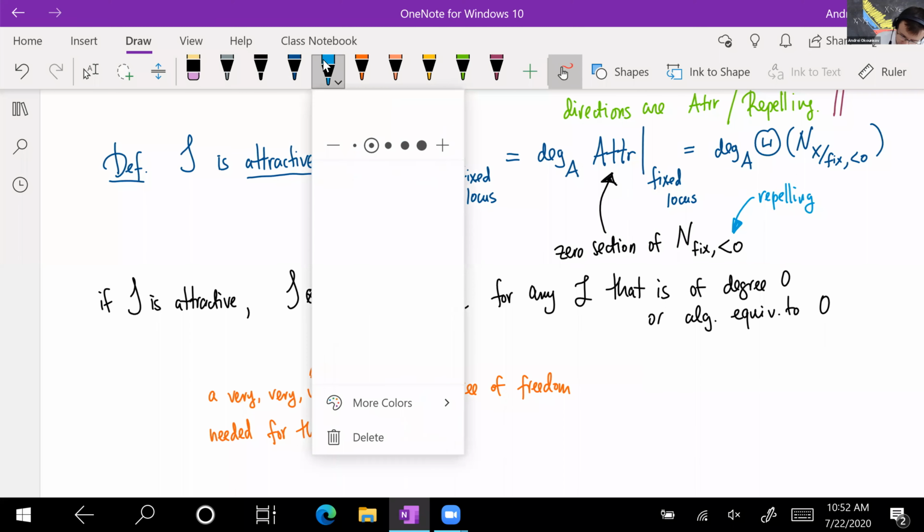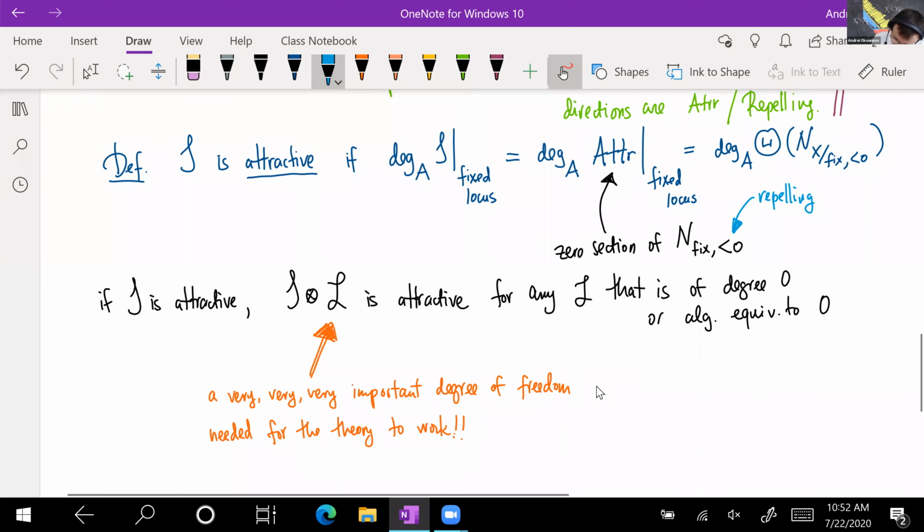This is if you've ever seen an elliptic quantum group. An elliptic quantum group has these funny variables which are called dynamical.